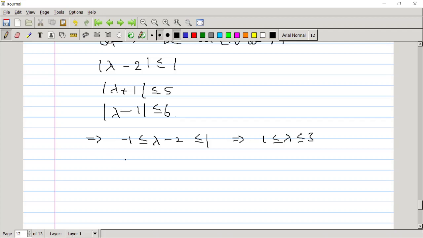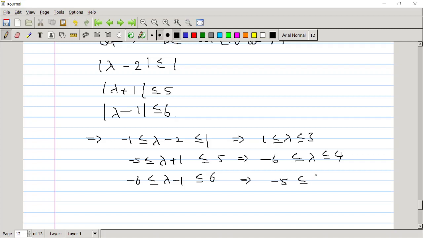By the second inequality we have minus 5 less than or equal to lambda plus 1 less than or equal to 5. So from this we can say minus 6 less than or equal to lambda less than or equal to 4. Similarly, minus 6 less than or equal to lambda minus 1 less than or equal to 6. That implies minus 5 less than or equal to lambda less than or equal to 7.